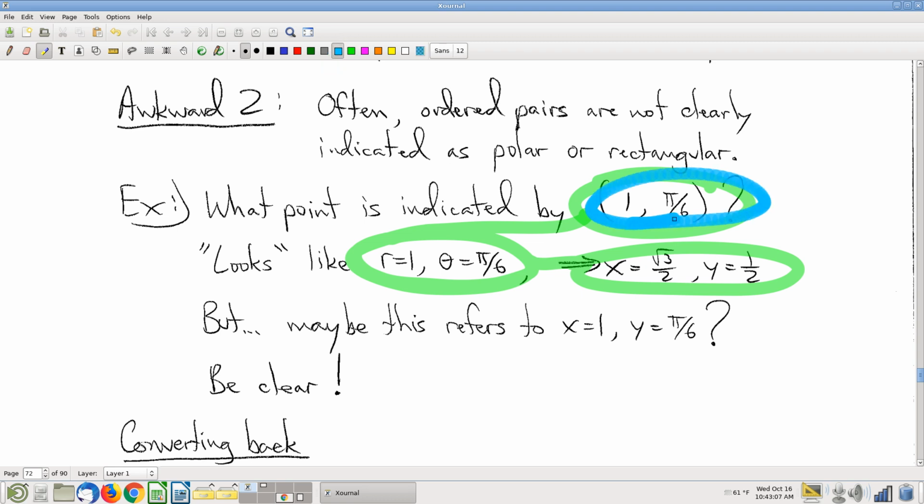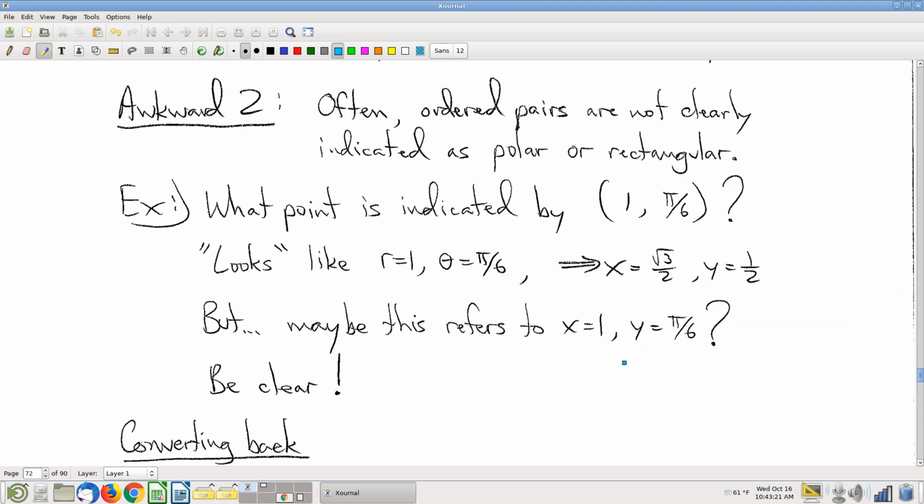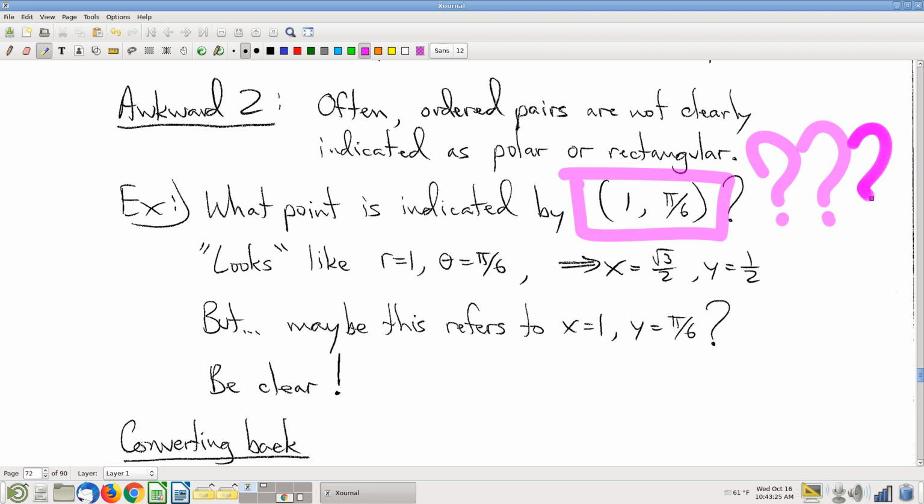But there is a perfectly good point where x is 1 and y is pi over 6. There's not a thing wrong with that as a point in the xy plane. So when you write this down, 1 comma pi over 6, this leaves a question. Do you mean that point or do you mean this point?